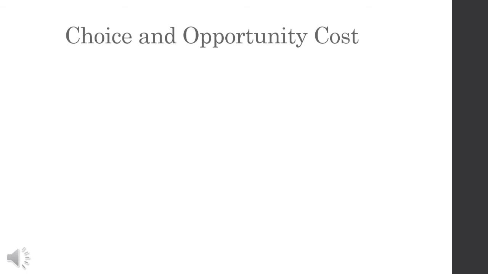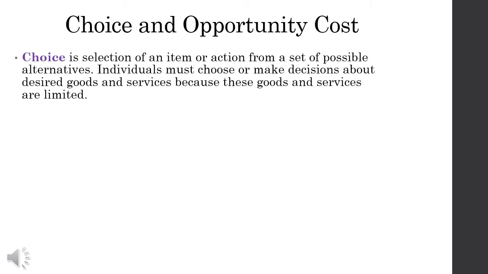As you've already seen, economic terms can get complex, but if you break them down into their parts, they become straightforward. So let's do that as we look at our next 2 terms, and we start with choice. That is a selection of an item or action from a set of possible alternatives. Individuals must choose or make decisions about desired goods and services because these goods and services are limited.